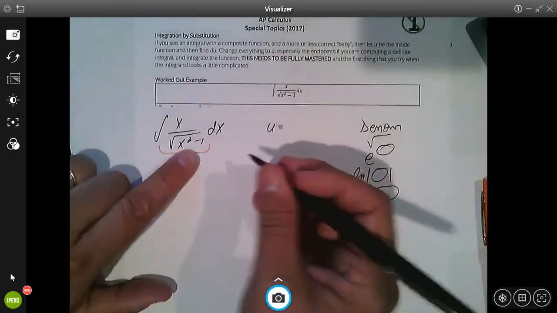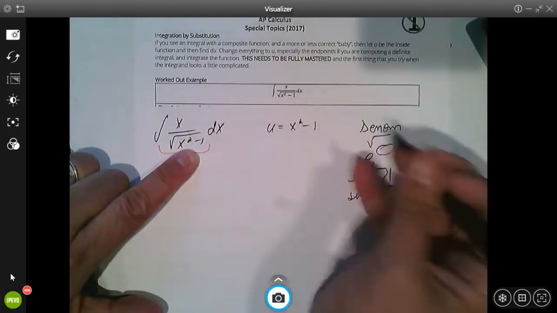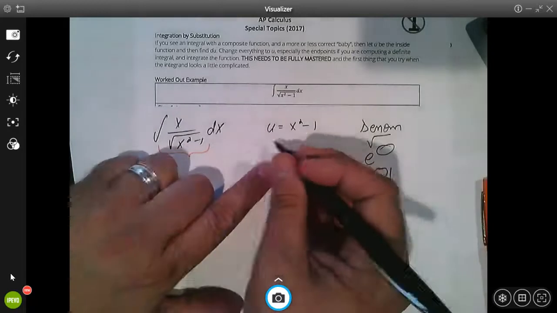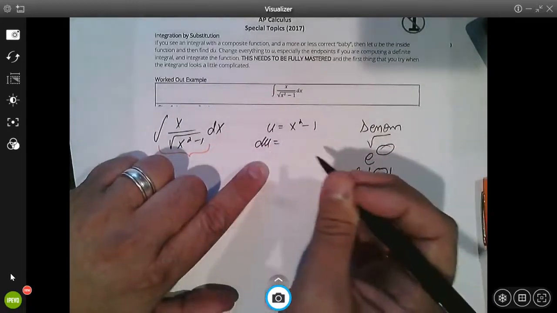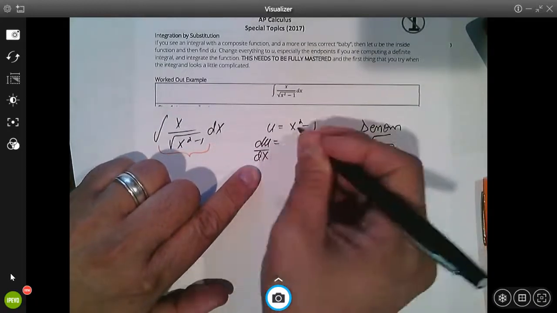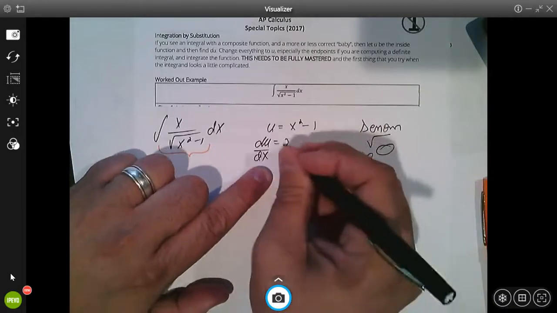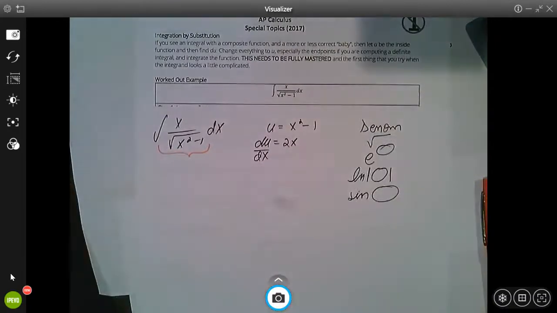So in this case, I'm going to say let the baby be x squared minus 1. From here, you take the derivative of the baby, you find du dx in this case, and du dx is 2x. Depending on your calculus teacher and how they taught this to you, you might approach this next bit in a couple of different ways.